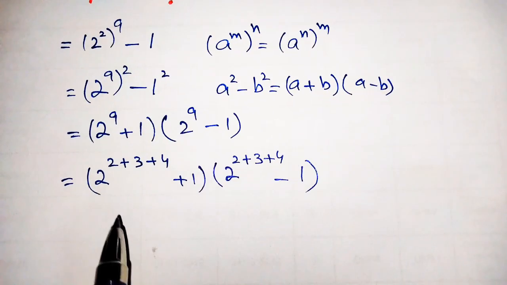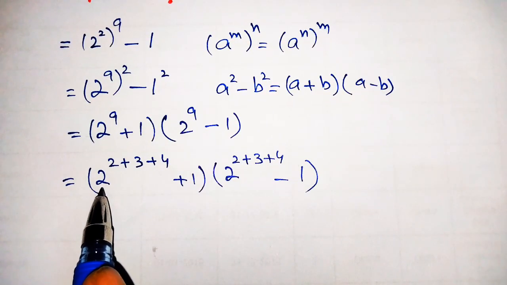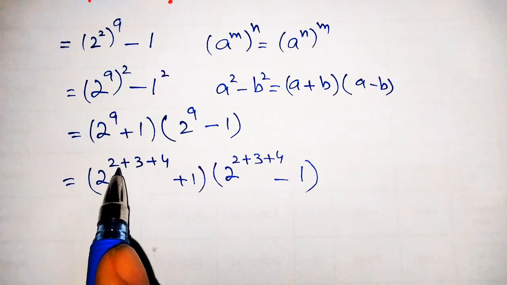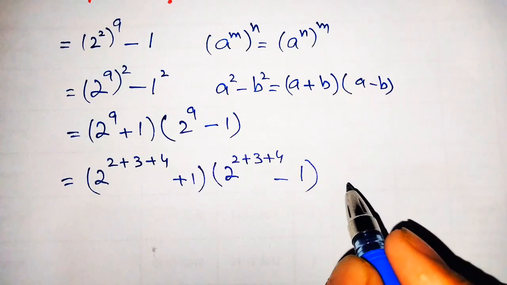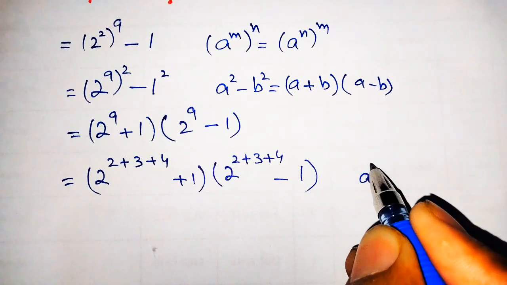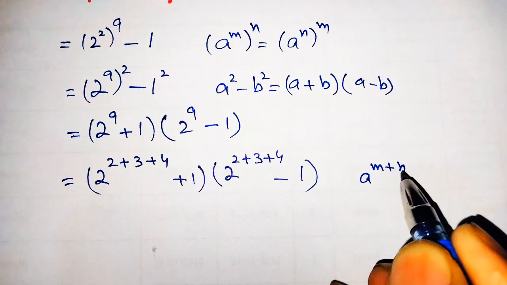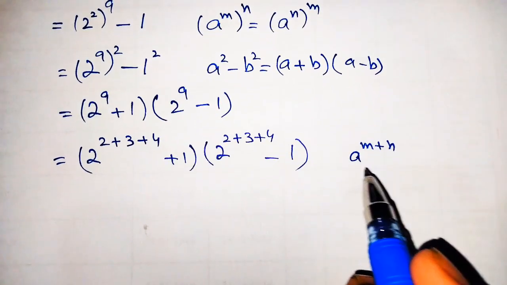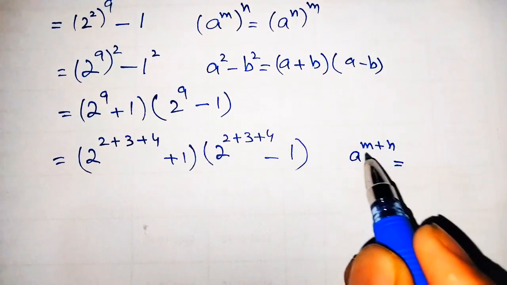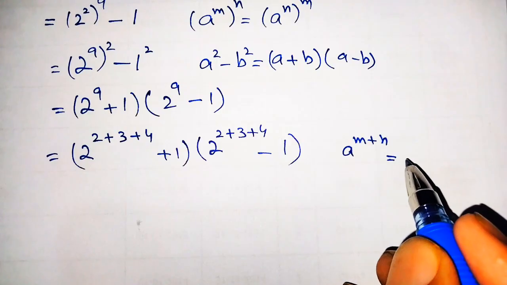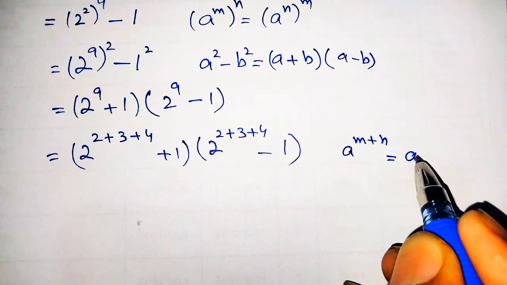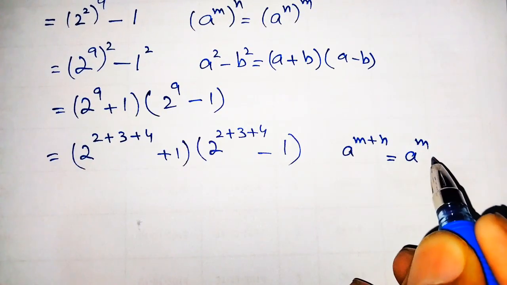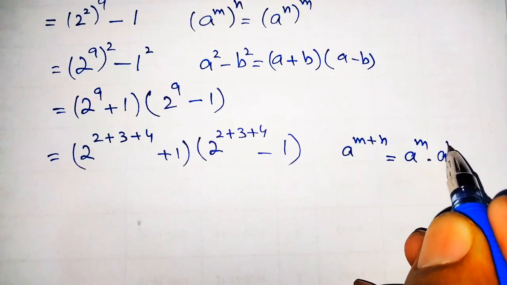Now we can write this term with the same base and separate the powers according to the formula a raised to power (m plus n) equals a raised to power m times a raised to power n.